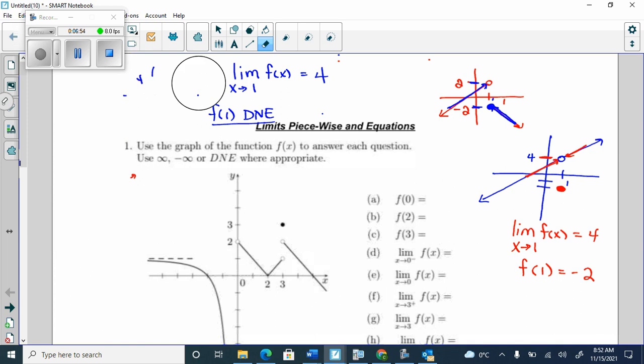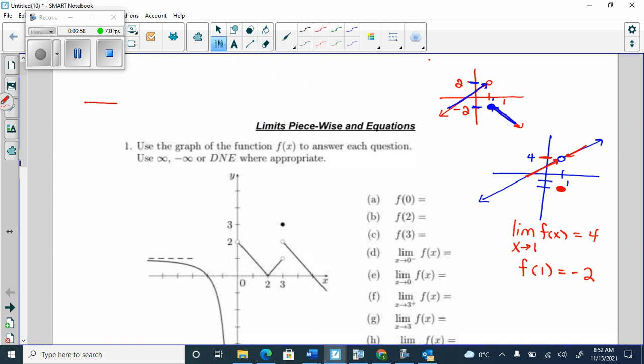So, random graphs. Let's just see here. You tell me if the limit exists or not. So if I give you this. This is 2, this is negative 3. Does the limit at 2 exist? Yeah, what is it? It's negative 3, because from the left and from the right, it approaches negative 3.